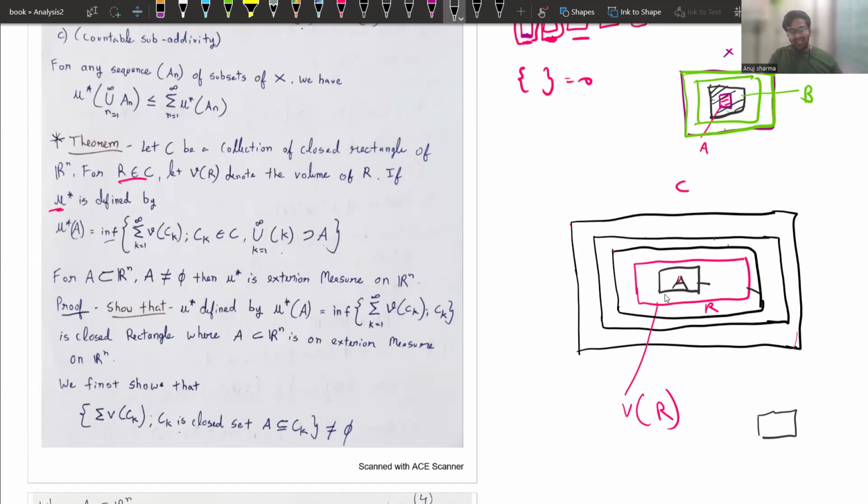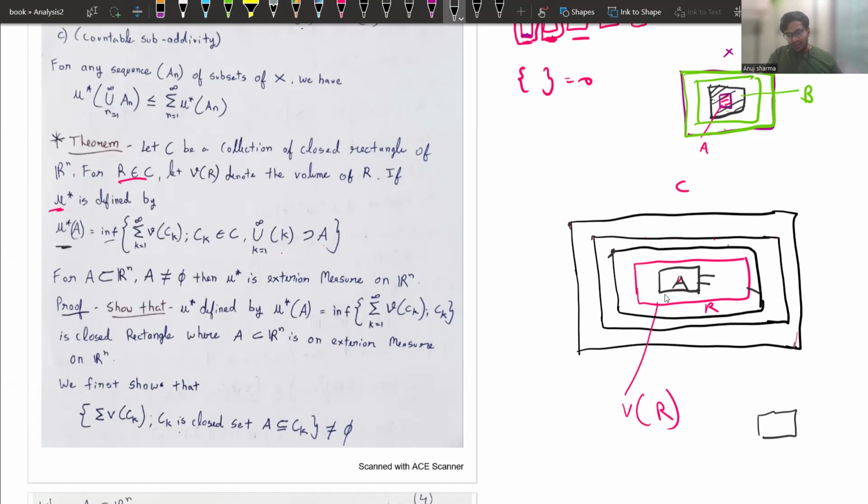That will be the measure of A. Suppose this is C, the larger rectangle, and this A is the smallest rectangle. Let's start taking the volume of this. It will have some volume, right? The pink one, the larger one, will have some volume. Then a third rectangle will have some volume, then the fourth, and the fifth. And you add it all.